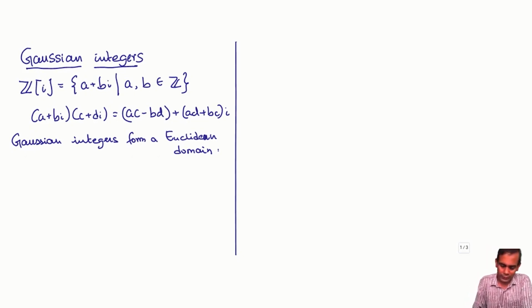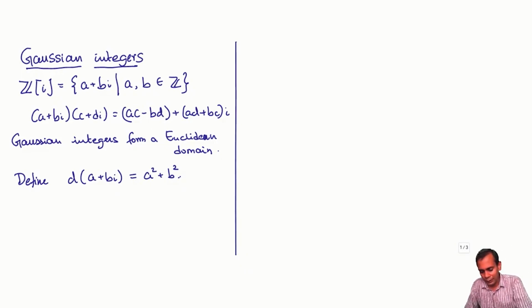But why do they form a Euclidean domain? In order to show that an integral domain is a Euclidean domain, you need to give a size function. So let's define the size function.